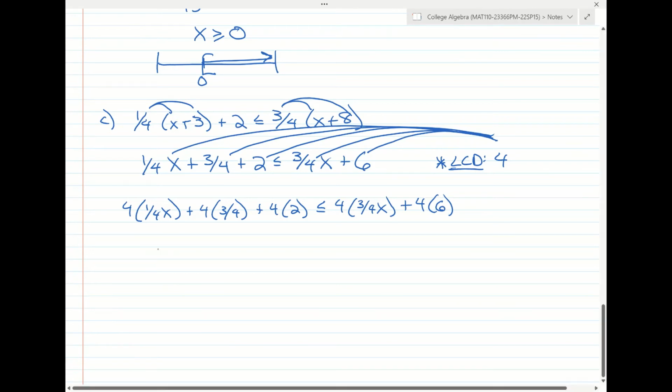4 times 1/4 is x, plus 3 plus 8 is less than or equal to 3x plus 24.